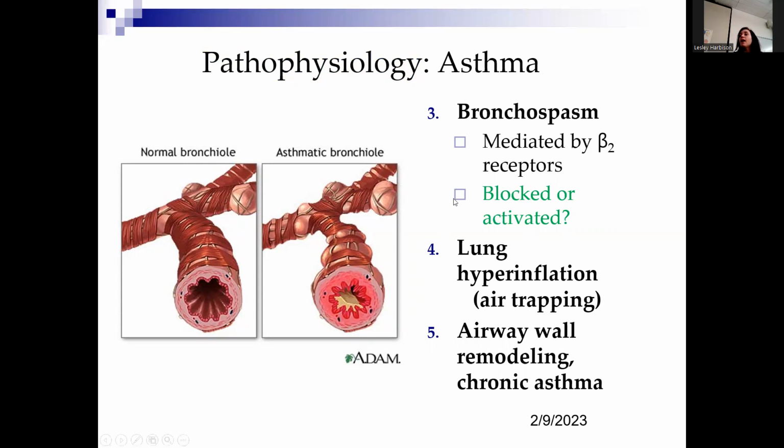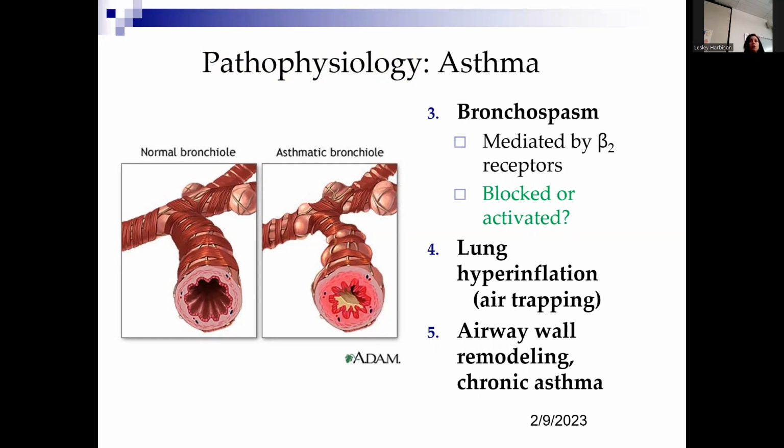So this is kind of a later cascade. Hopefully things will get improved earlier on in the pathophysiology, but you can also have lung hyperinflation. So the person can't exhale.